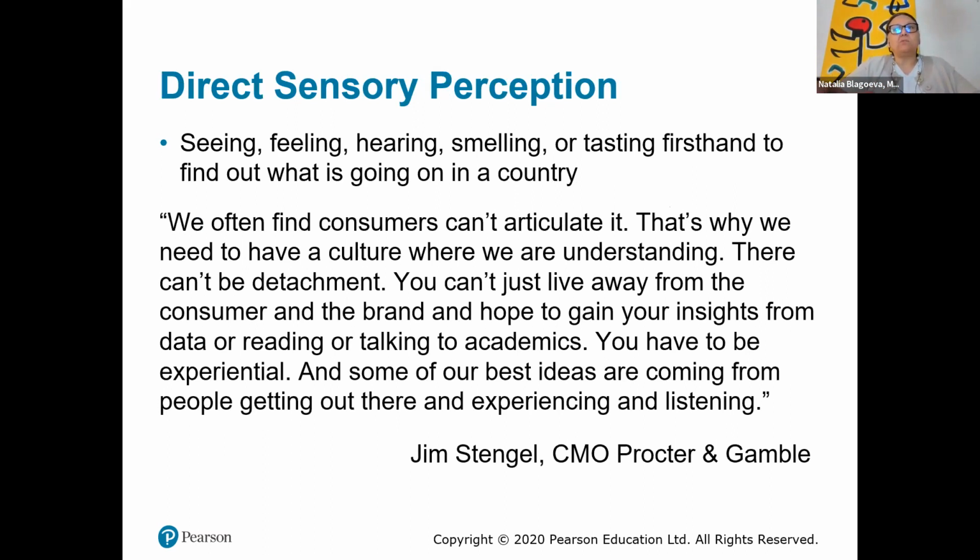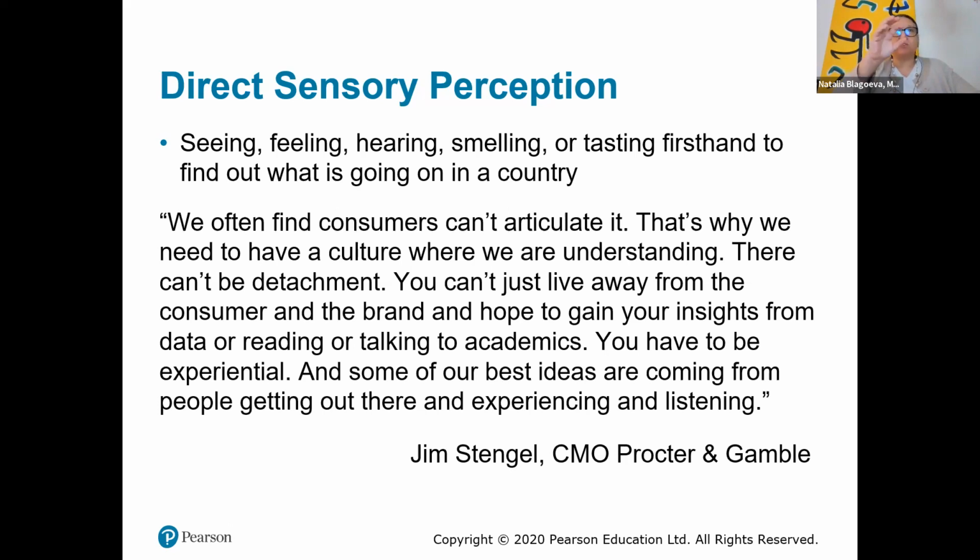According to the CMO of Procter & Gamble, Jim Stengel, direct sensory perception is the best way to do things. This is the direct information we get from perceiving the customer.